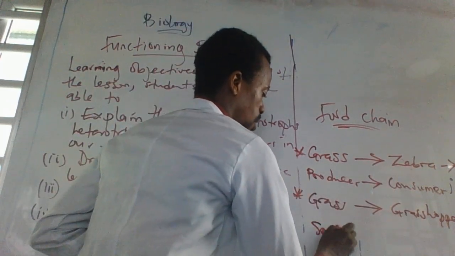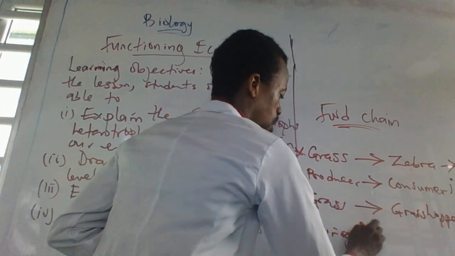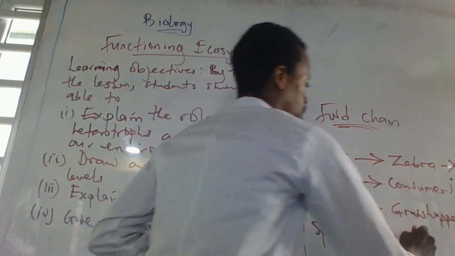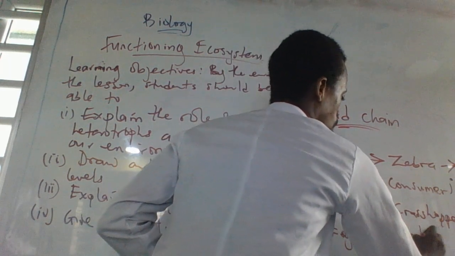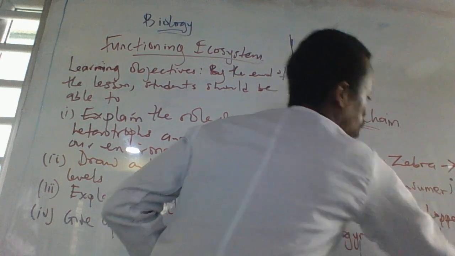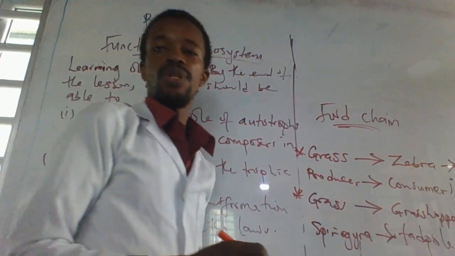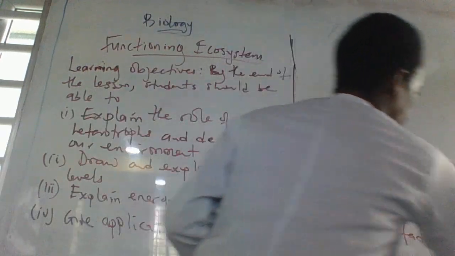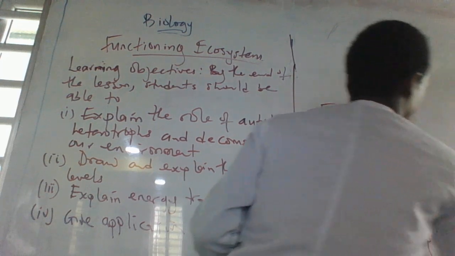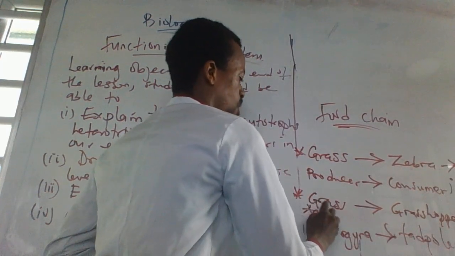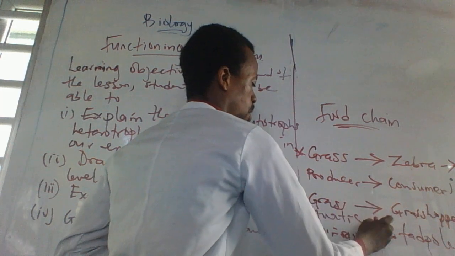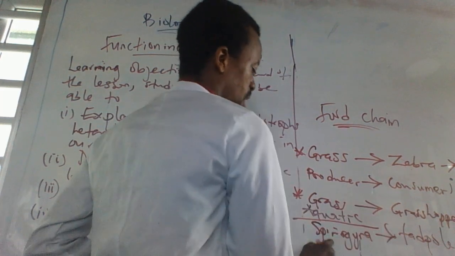Spirogyra, then we have the tadpoles, then we have the crabs, in an aquatic environment. So Spirogyra are the producers.